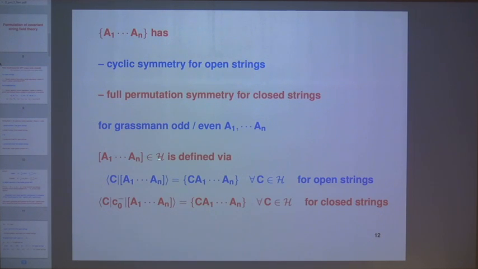This time it's not a number, it's an element of the Hilbert space H. And this is defined by describing its inner product with an arbitrary state in H. So for open strings, we define the inner product of an arbitrary state in H with this square bracket as simply the curly bracket of C and A1 to n. And for closed strings, there is a similar definition, except that in this inner product, you insert a C0 minus. And this is necessary because the states in H are annotated by B0 minus. So once we have defined these curly brackets as integrals over some subregion of the moduli space, these are completely defined by these two formulae over here.